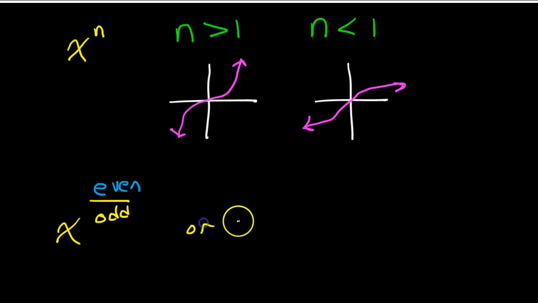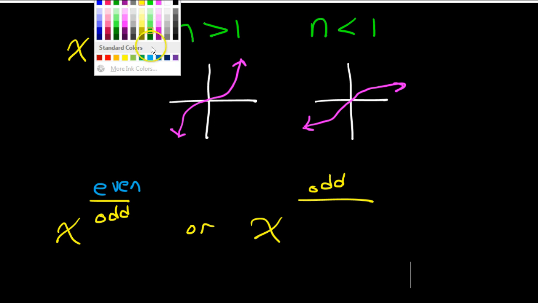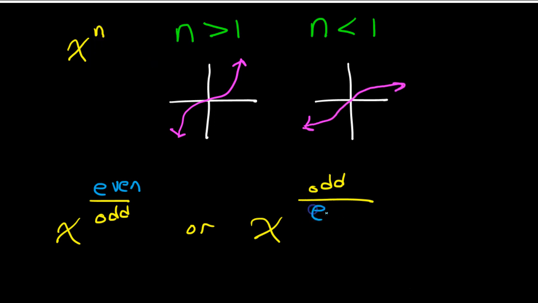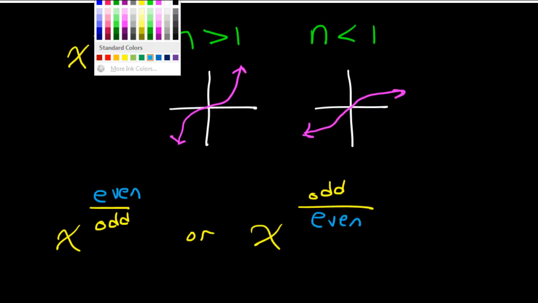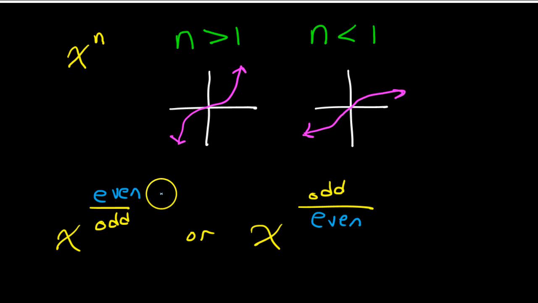Or we might have an odd number over an even number. So when this happens, the thing that you need to understand is that even numbers cause limitations. So when you have an even number in the numerator, the graph has to stay above the x-axis.